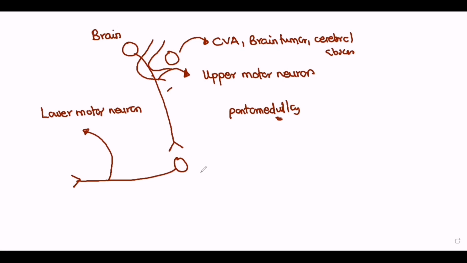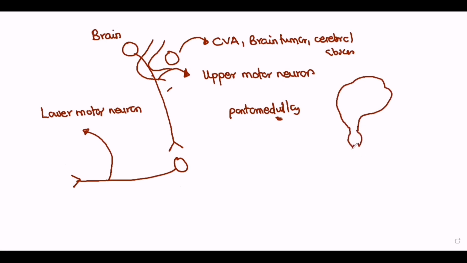And so all the conditions which will affect this neuron is what we are talking about. Now, if you have a tumor in this region, if you remember the drawing we've been drawing, this is the cerebrum. Of course, this is the brainstem.